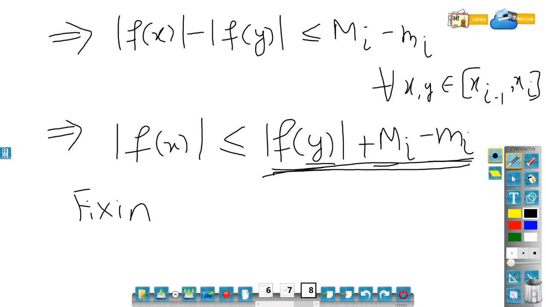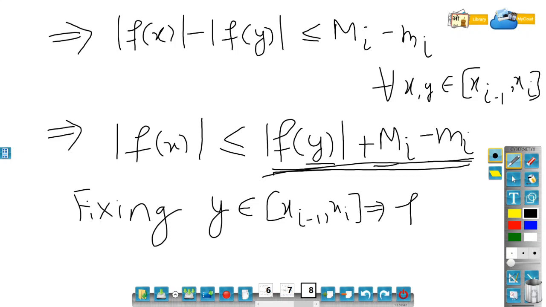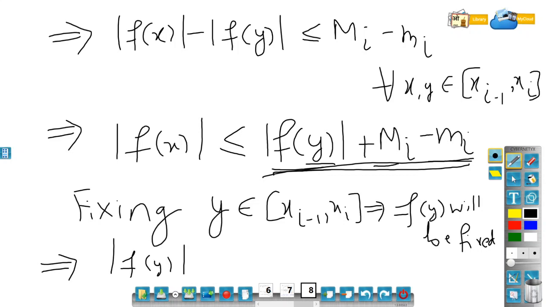Fixing y from xi minus 1, xi, this would imply f of y will be fixed. So modulus of f of y plus Mi minus small mi is an upper bound of mod fx.